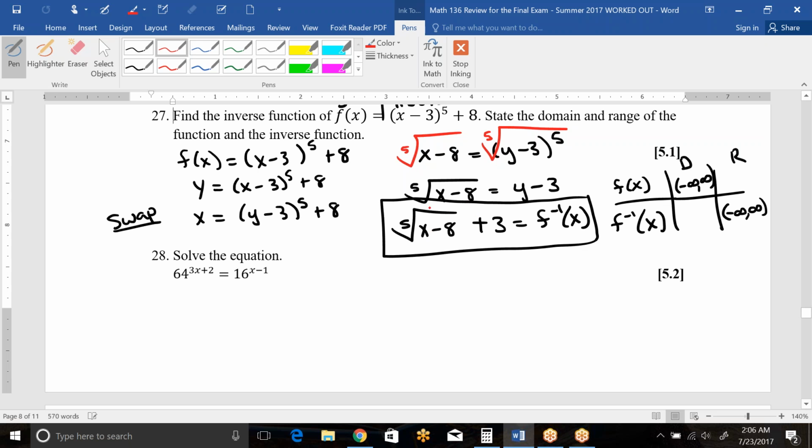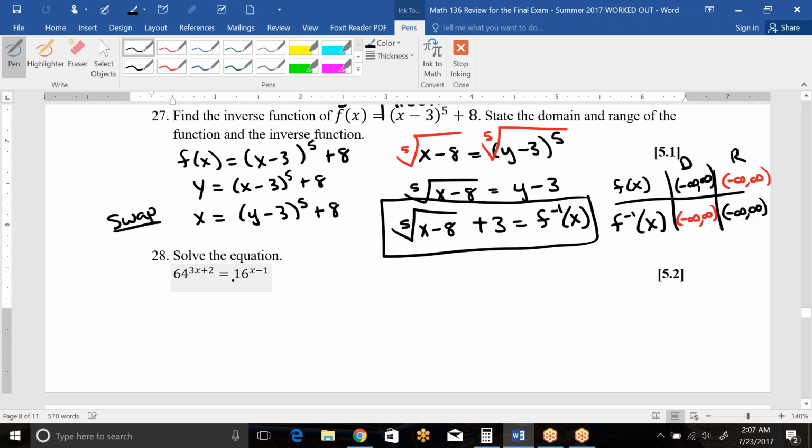The inverse came out as a root problem, but it was an odd root. Odd roots also have a domain of negative infinity to infinity, which means that the range of the original function shares that. So remember, the domain and ranges have just been swapped. And they're not very interesting in this case because it was a polynomial and an odd root radical.